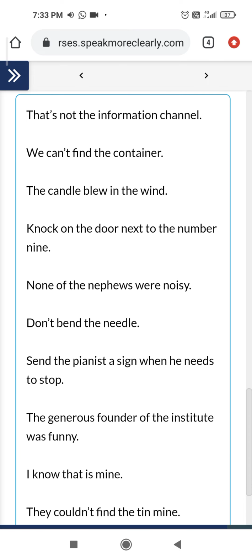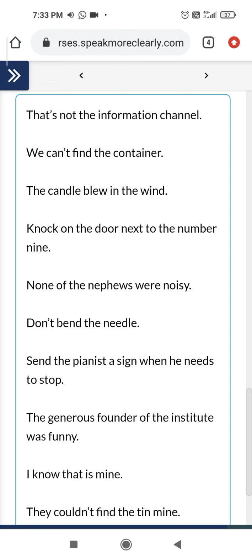That's not the information channel. We can't find the container. The candle blew in the wind. Knock on the door next to the number nine. None of the nephews were noisy.